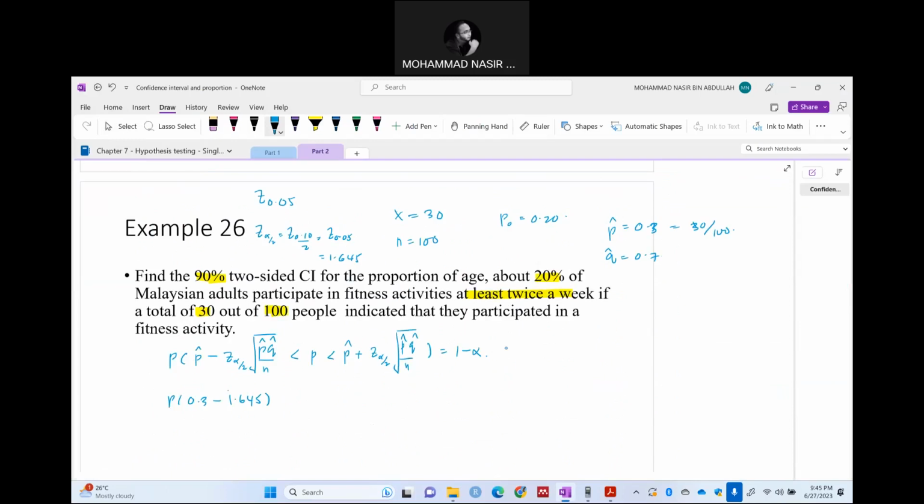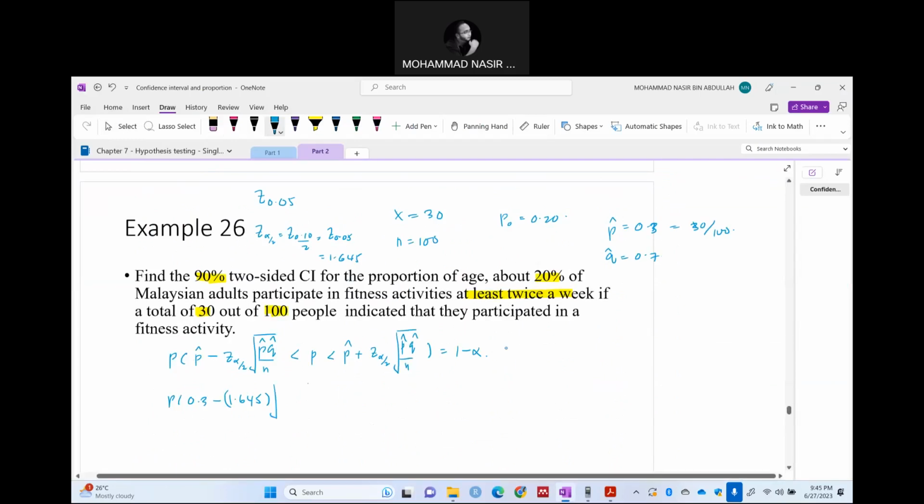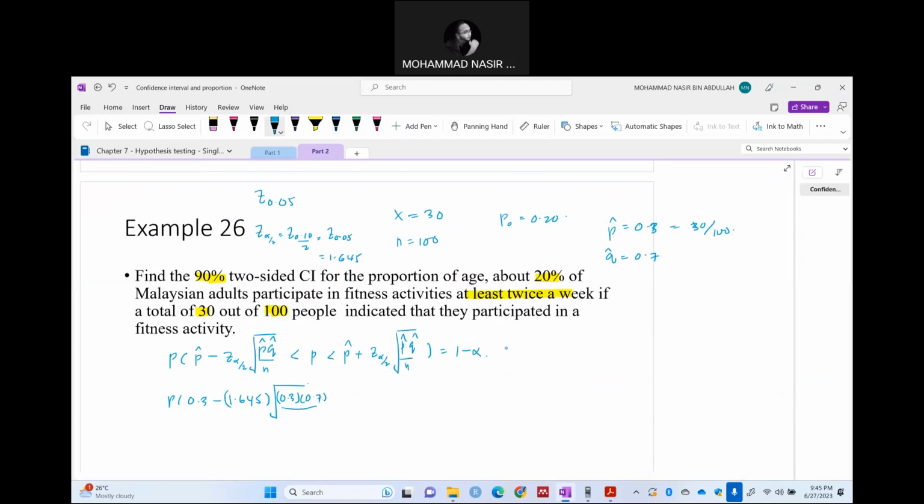So 0.3 minus 1.645 multiplied by the square root of 0.3 times 0.7 over 100.